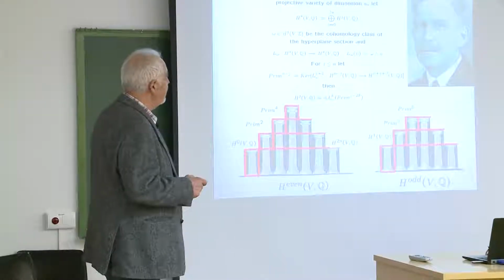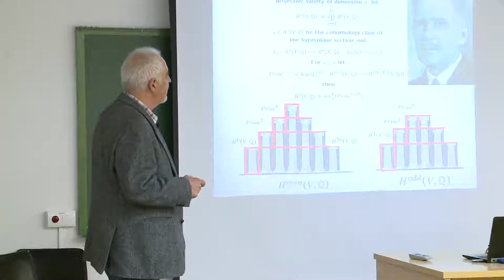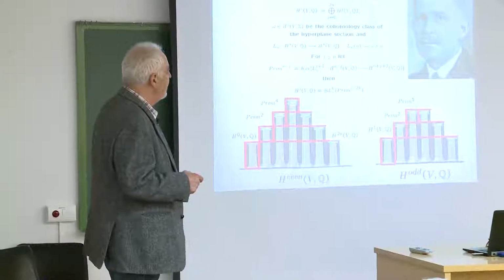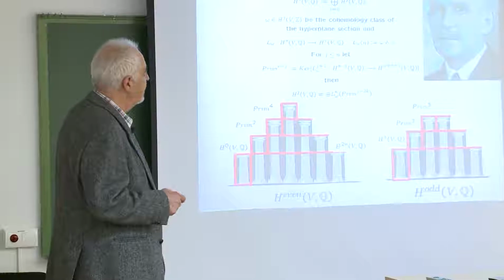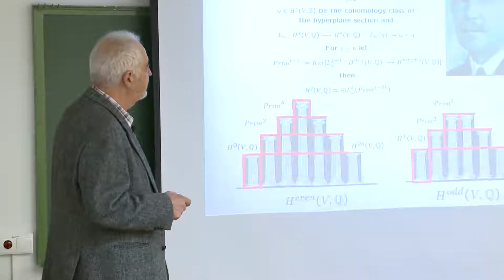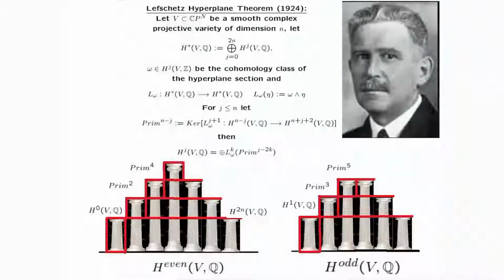So let V be a smooth, complex, projective variety of dimension n, and we consider the cohomology ring of the variety. And here j is the dimension. So the cohomology goes from 0 up to 2n, and we take omega, the cohomology class of the hyperplane section.